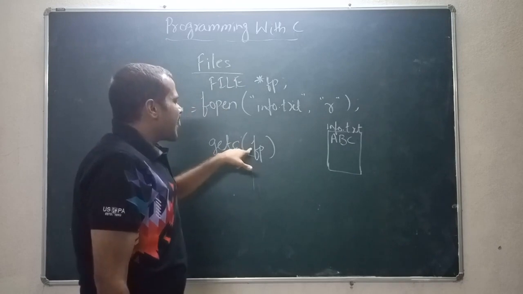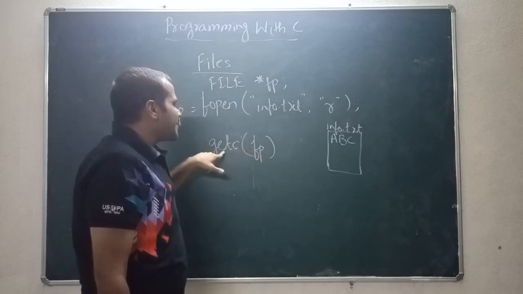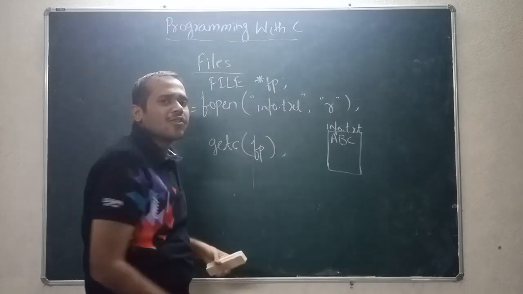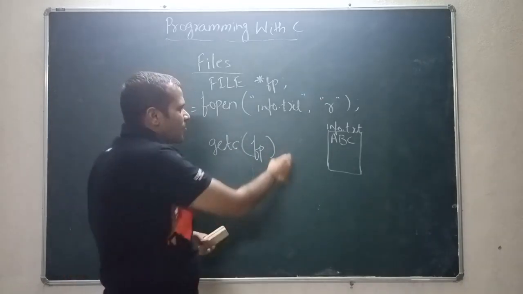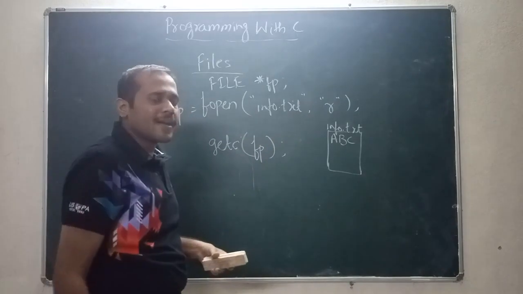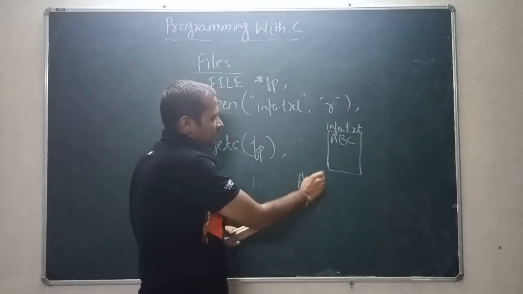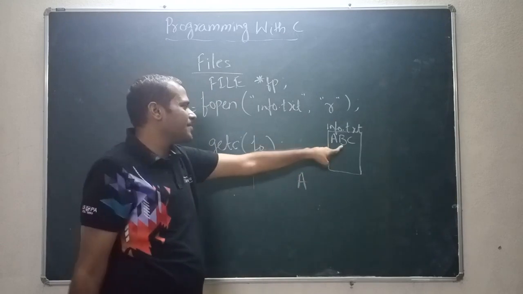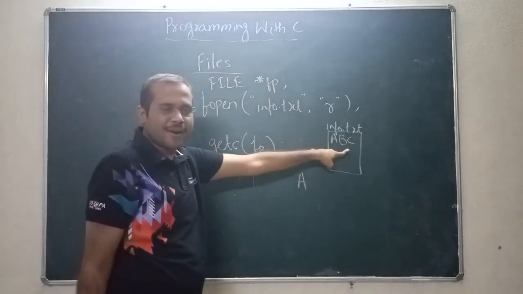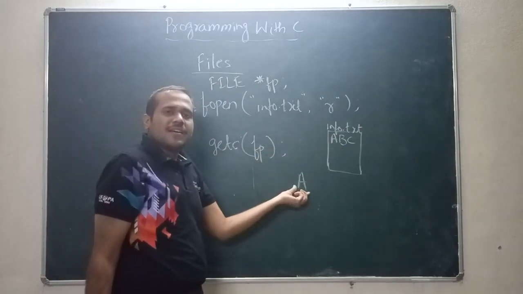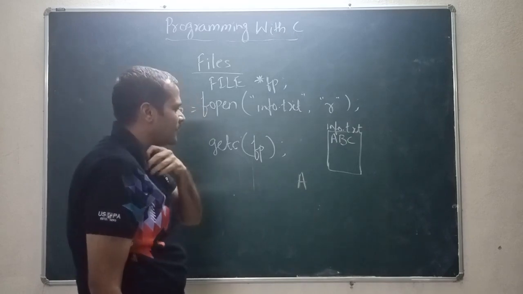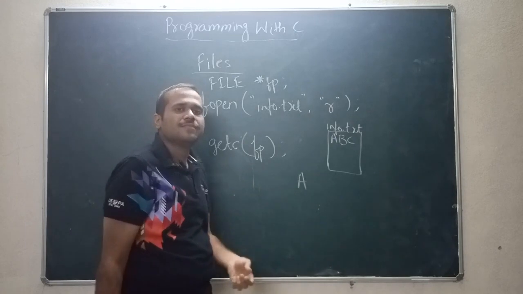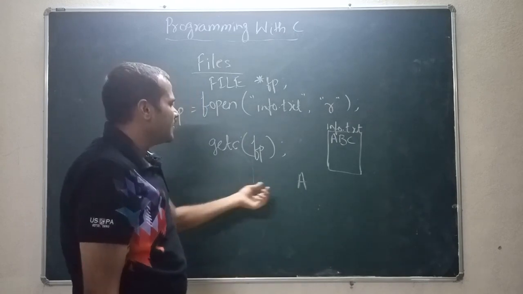I will pass the file pointer as the getc parameter. Getc parameter. So what will be the output? The output will be only A. Why? From this ABC in info.txt I fetched ABC, but the output will be only A. Why only A?